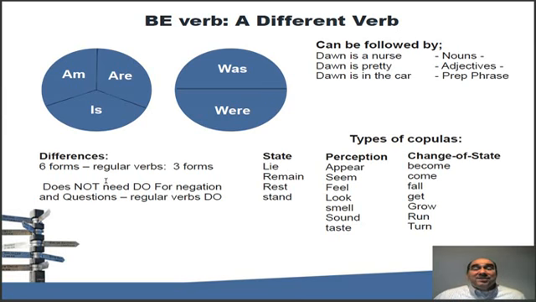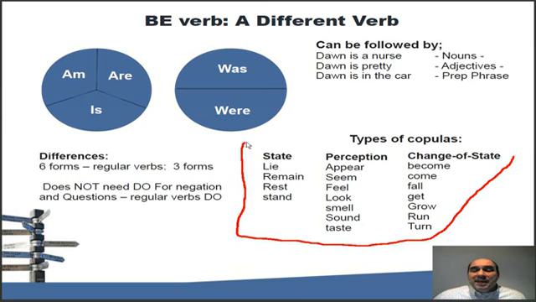In addition to the standard be verb, which describes a state or a change of state, right? He is sick, he is not here, he is hungry, describing the state. There are other verbs that can be considered types of copulas because they describe a state. There is no real action going on.